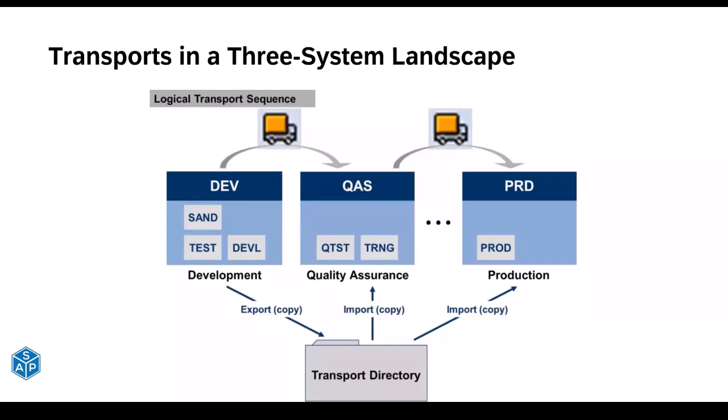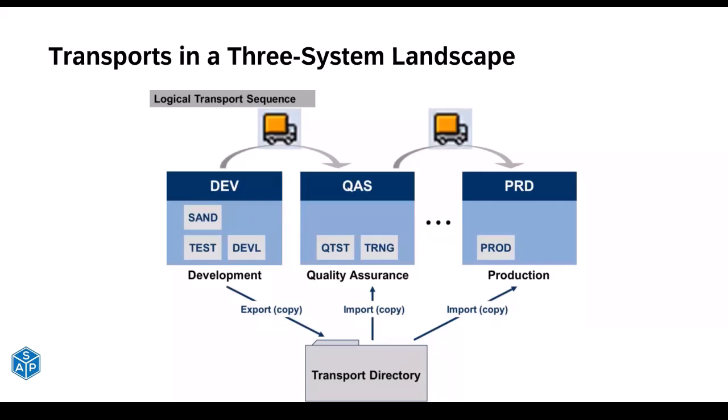Normally, when you make any changes in the system, for example a customizing change, the system will prompt you to create a TR, that is a transport request. So you can create a TR for that.